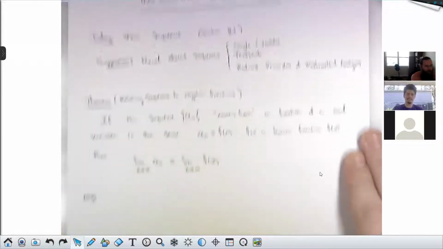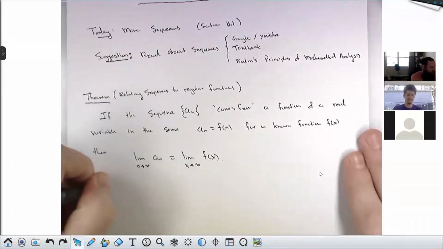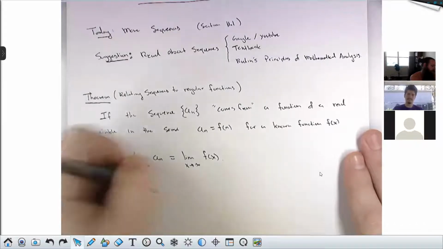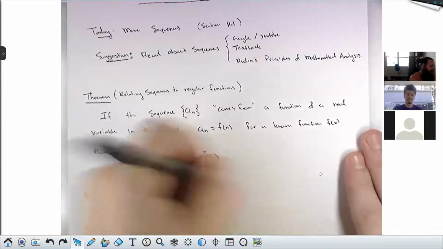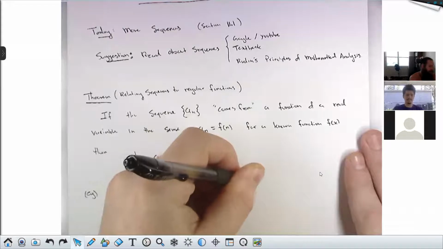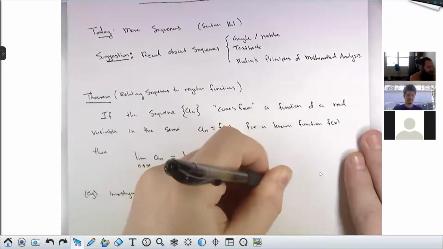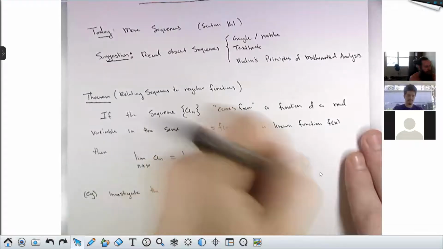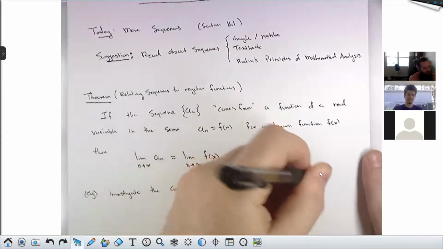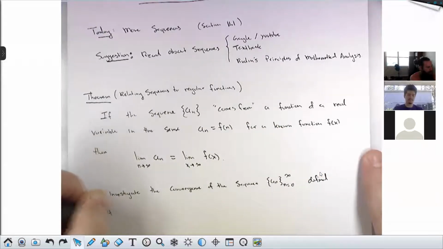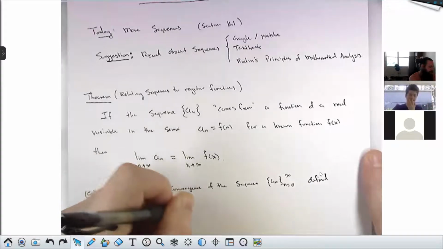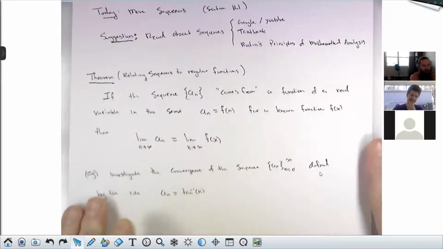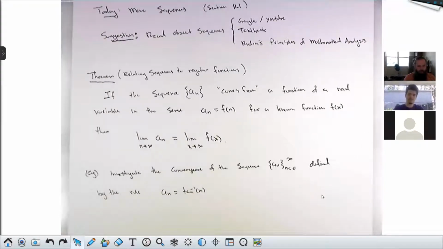First example here, I won't use L'Hopital's rule, but let's investigate the convergence of the sequence a_n, n from 0 to infinity, defined by the rule a_n is equal to the inverse tangent of n. We all know how I love the inverse tangent function.